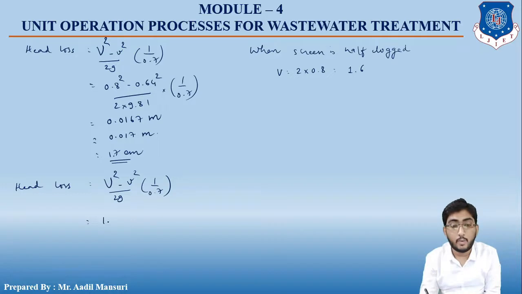So this will be 1.6² minus 0.64² divided by 2 into 9.81 into 1 by 0.7, and this will be equal to 0.157 meter or 157 mm. Okay, which is greater than 150 mm, which was our design criteria.